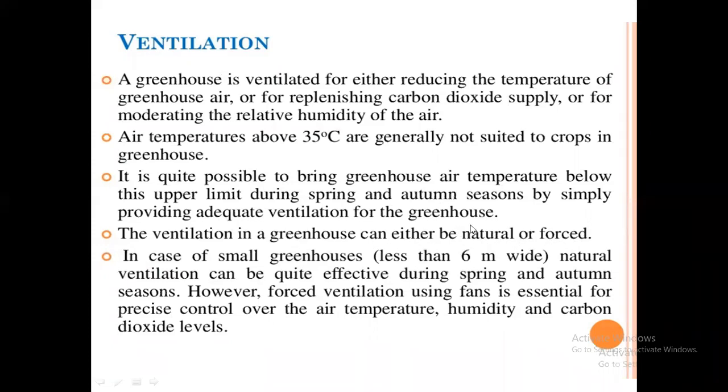Natural ventilation is achieved with the natural airflow, but if the rise in temperature is above what natural airflow can handle, then the forced circulation system has to be adopted, and that comes with some exhaust fans or blower arrangement.